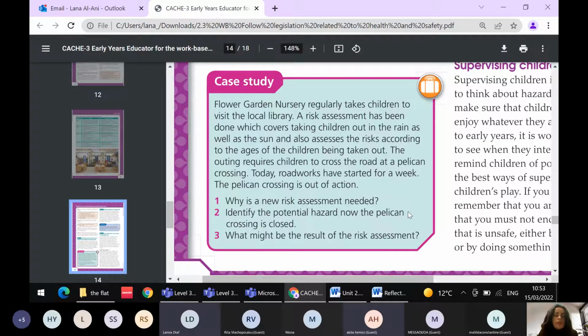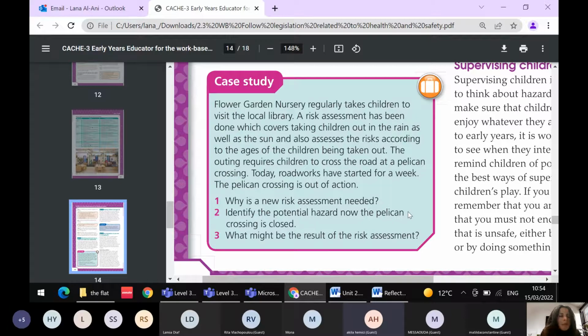You're welcome. We need, for example, to check the equipment in the garden every morning before children attend the nursery. Very good. And also, if there is any equipment, is it dangerous for the kids? For example, a grass cutter. Are you leaving it in the garden? This is maybe a hazard for the kids. They might play with it. They wouldn't know they might cut their finger.